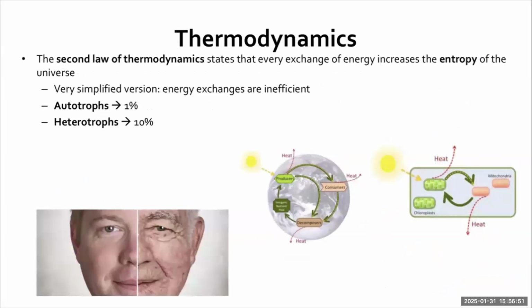Related to this is the second law of thermodynamics. The second law of thermodynamics states that every energy transformation is inefficient. There's always some loss of energy to the surroundings as heat.